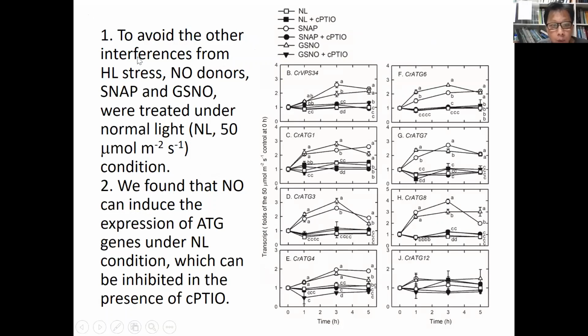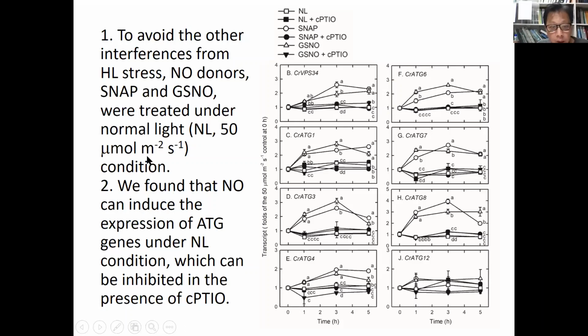So we apply the NO donors SNAP and GSNO under normal light condition. That means 50 micromole light intensity. It's a normal condition for the alga's growth, not a high light condition.